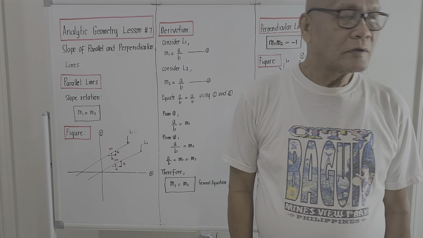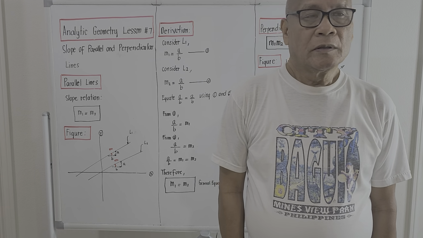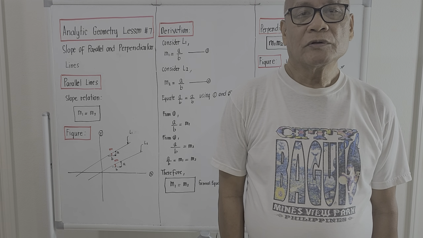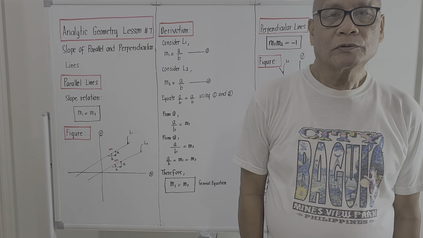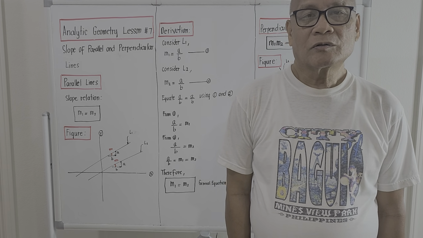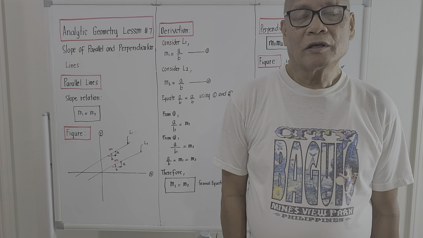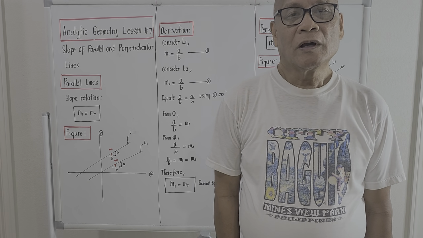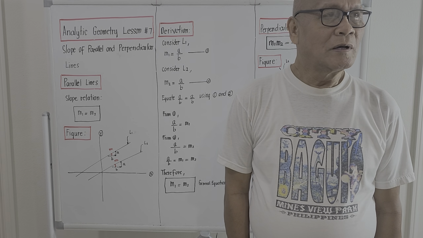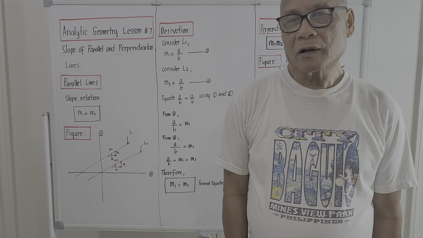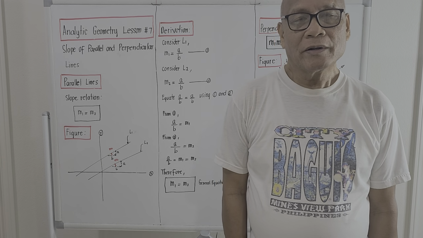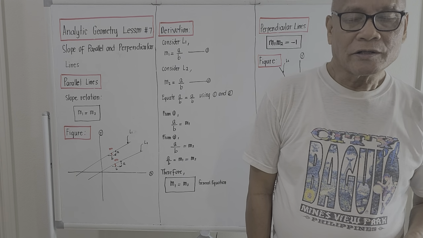This is a very interesting subject matter because under the study of analytic geometry, we've been using the formula on how to compute the slope of parallel and perpendicular lines, but we don't know where it was derived. So for tonight, I will be deriving how come these formulas came out as M1 equal to M2 for parallel lines and the product of M1, M2 equal to -1 for perpendicular lines. Okay, let's proceed.